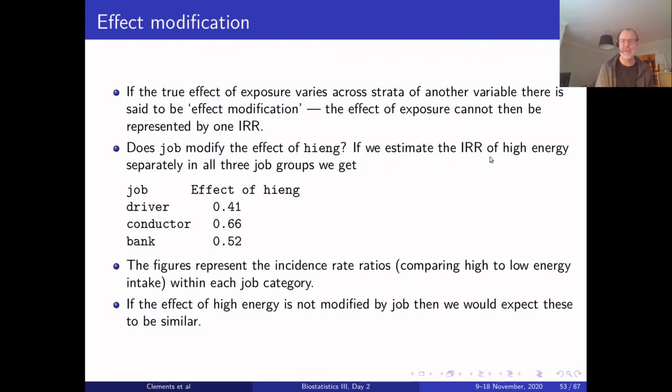If we estimate the incidence rate ratio of high energy separately in all 3 groups, we basically split the data set into 3 groups, do the analysis for each of those groups. Then what we find is that the effect of high energy for drivers is 0.41, conductors is 0.66, and bank workers is 0.52. And the question we have is, are those estimates different?